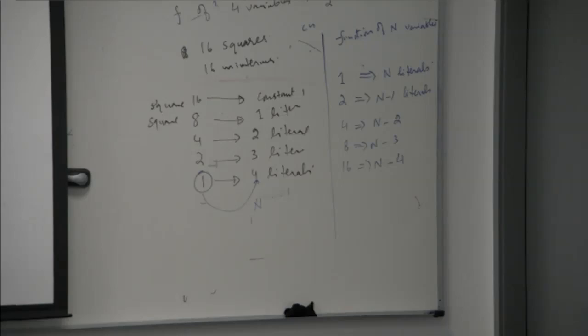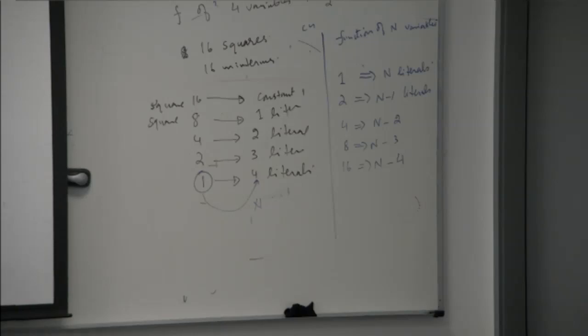So if we have 1 square, how many literals? 5. 2 variables, 4. 3 variables, 3, square of 3, 3 literals. Square of 4, 1, 2. Square of 16, square of 32. Got it? So this is how it works.